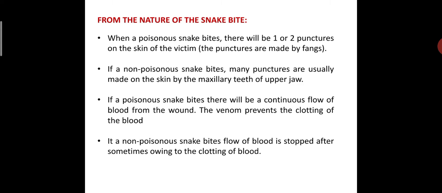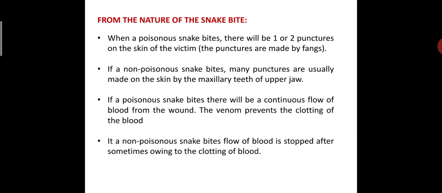So from the nature of the snake bite, how the snake has bitten, it can be easily differentiated whether it is poisonous or non-poisonous. If the snake makes two punctures on a victim, then it is definitely a poisonous snake.